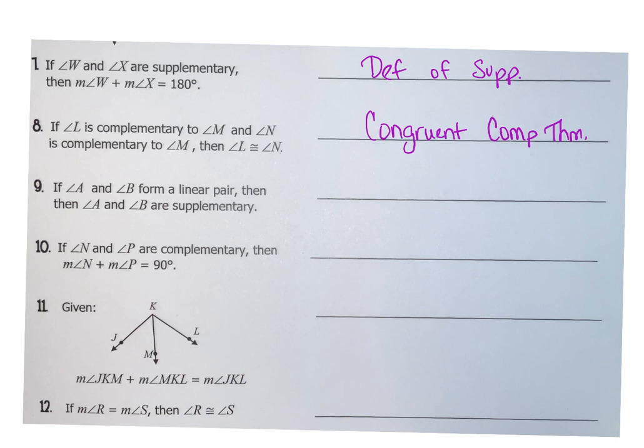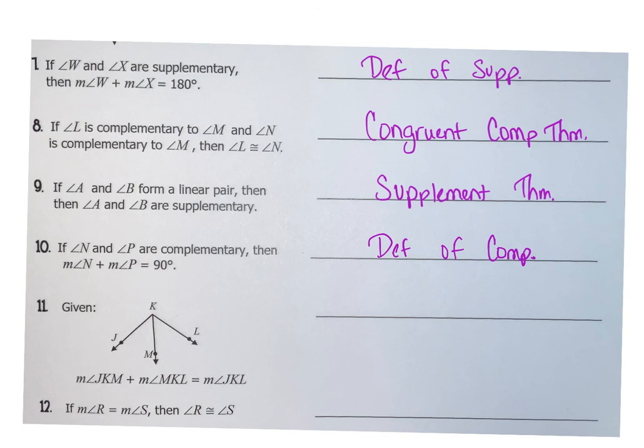That's the supplement theorem. All right, look at the next one. If N and P are complementary, then they add up to 90 degrees. That's just the definition, right? Definition of complementary.